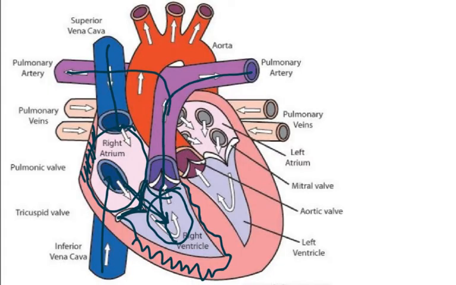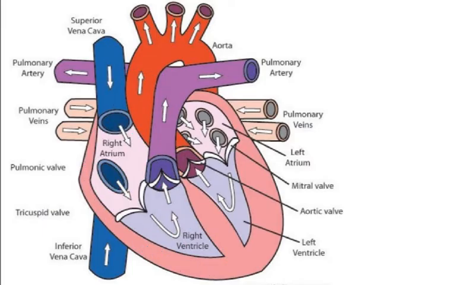Once again, let's be clear about this, that the blood, which is the deoxygenated blood, is returning from the body, from the superior and the inferior vena cava. They open into the right atrium. Right atrium contracts, tricuspid valve opens, blood is pumped into the right ventricle.